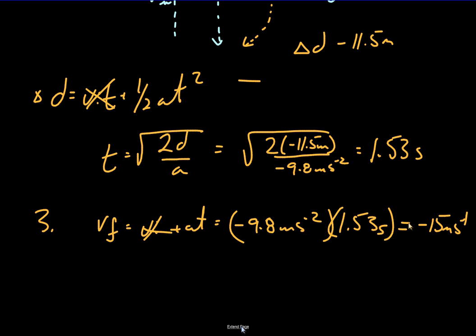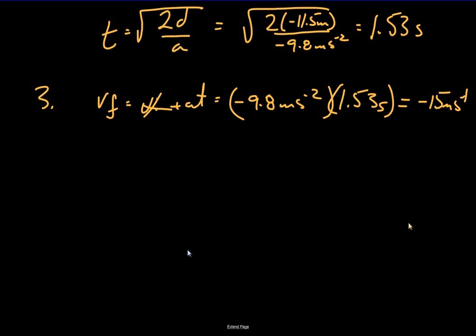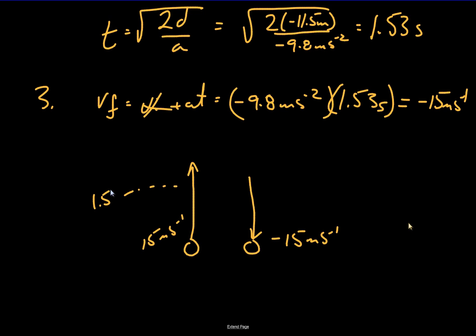And hopefully we see that there's all kinds of symmetry all over the place, right? If it starts going up at 15 meters per second, it comes back down to the hand at negative 15 meters per second. The time going up, 1.53 seconds, is equal to the time coming back down, 1.53 seconds. This principle is true for this type of projectile motion, okay?